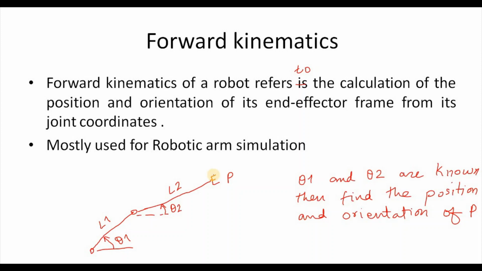Simulation means you mathematically simulate the behavior of a real robot, and if you give the robot some kind of input, it starts moving and then it reaches the corresponding location or position with reference to your input. So forward kinematics is mostly used for simulation.